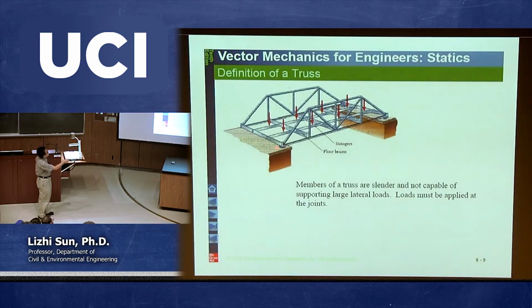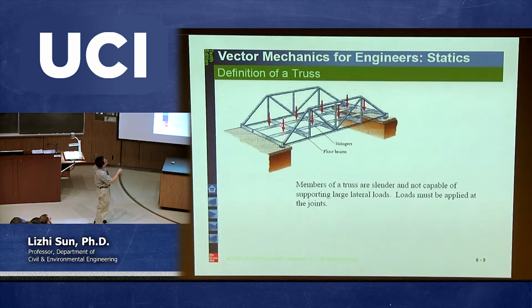But this one on the bottom, something like a deck, cannot be called a truss, simply because you have forces acting in between the slender members. Okay? So the members of a truss are slender members, number one, that's the first requirement, and are not capable of supporting large lateral loads.